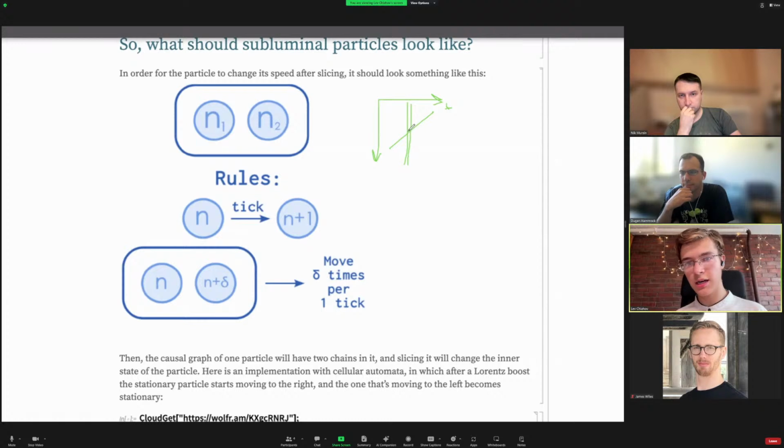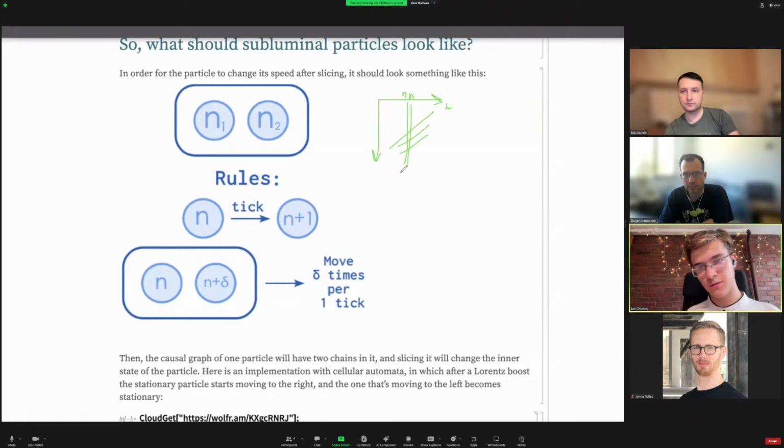So here, if in the original reference frame the causal graph for the particle would be sliced like this, then in the transformed reference frame it would be sliced like this, and the actual states of the particle are going to be different. Imagine we have two numbers written in these cells, and a rule that takes a number and increments it.